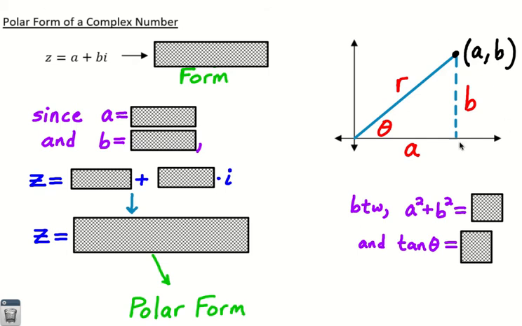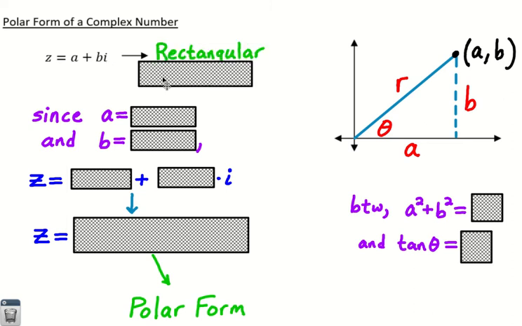Well, you totally can, because with A and B from, what form would we call this? A plus BI would be our rectangular form.